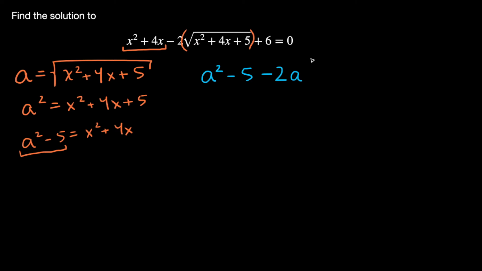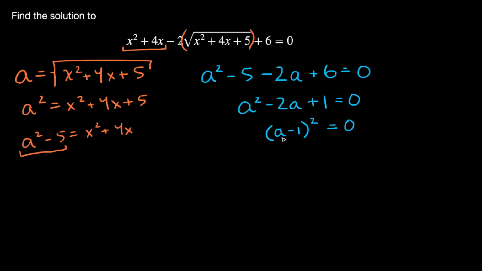And then finally, we also have this plus 6 at the end, and that is equal to 0. Now you'll notice something. If we simplify this, we get a squared minus 2a plus 1 is equal to 0. And at this point, you probably see this factorization right over here. This is just a minus 1 squared equal to 0.